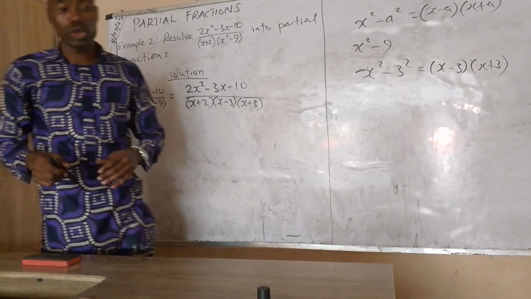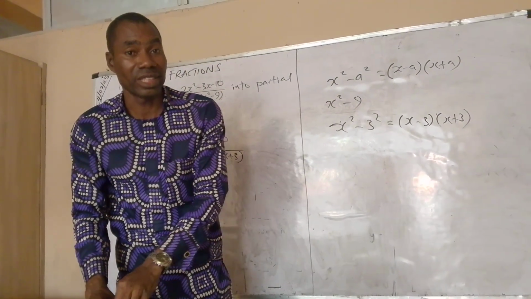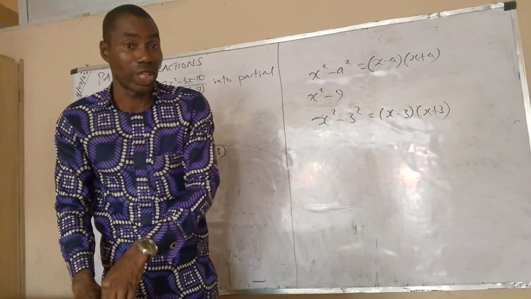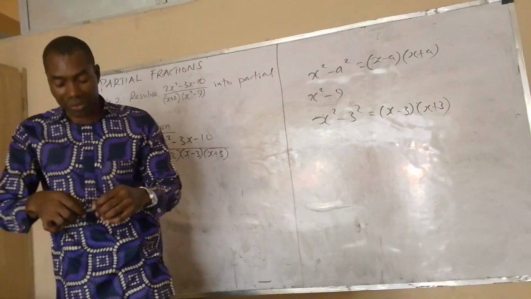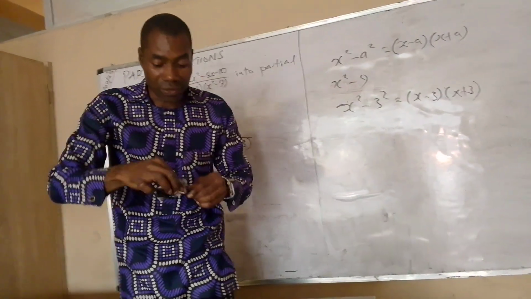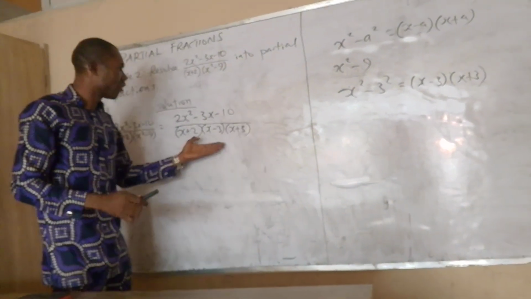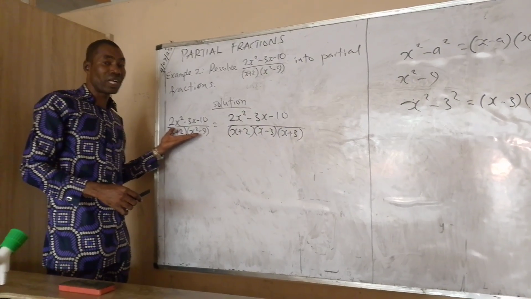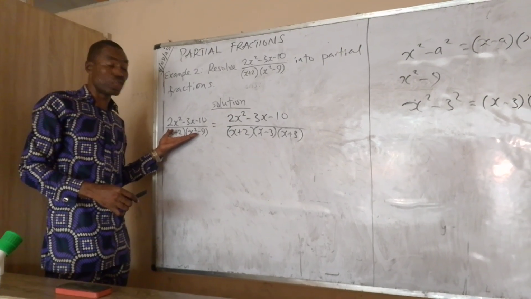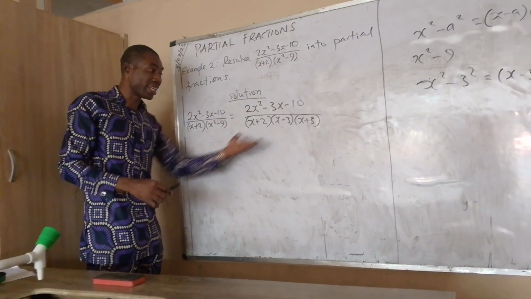You must acquaint yourself with how to factorize quadratic expressions because they come in different forms. So you must know which method to apply when factorizing quadratic expressions. Having done this, I cannot continue with the earlier form. If I continue with this, I won't get anywhere. So I have to factorize the quadratic factor, which I have done.